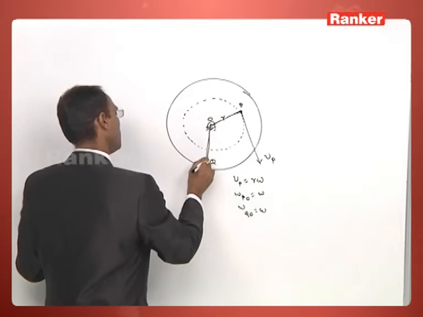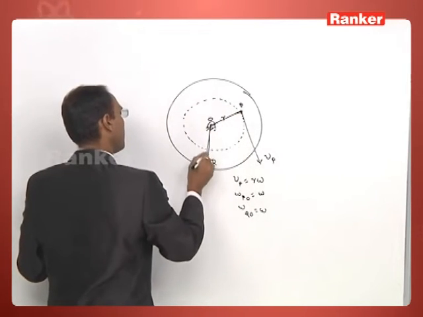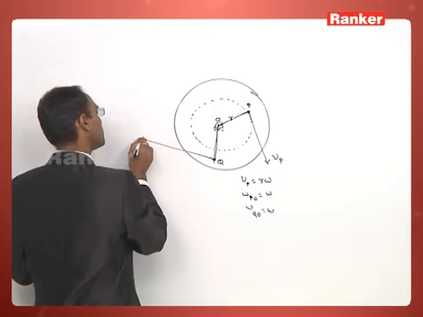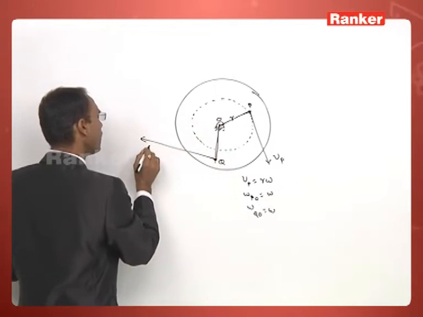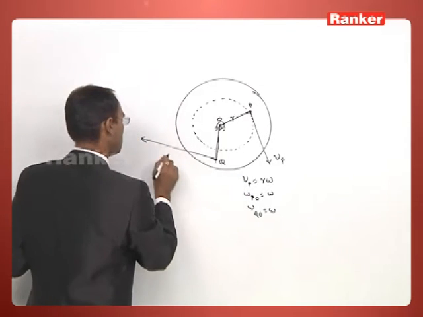However, different points will move with different velocities. This point is further from the axis. Therefore, it will move with more speed. It will move faster.